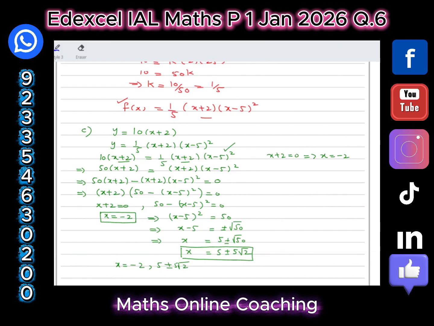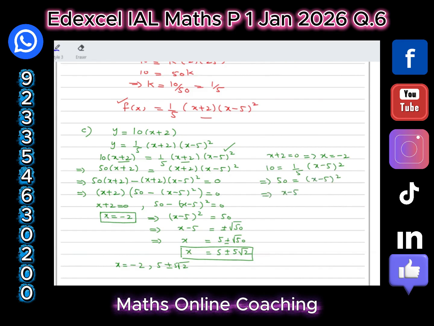And then cancel this factor and take the equation in the form 10 is equal to 1 by 5 (x - 5) whole squared, which can be simplified as 50 is equal to (x - 5) squared.